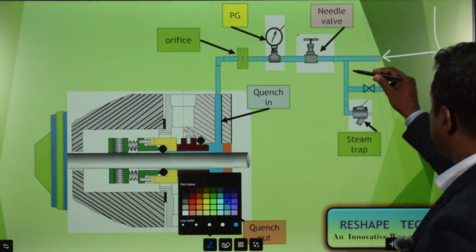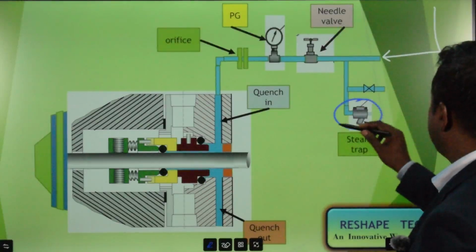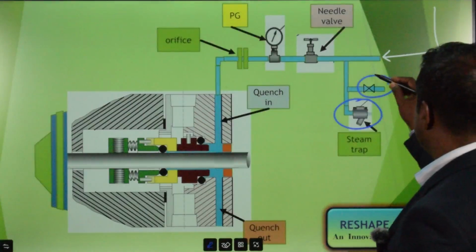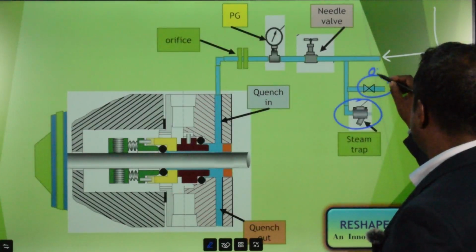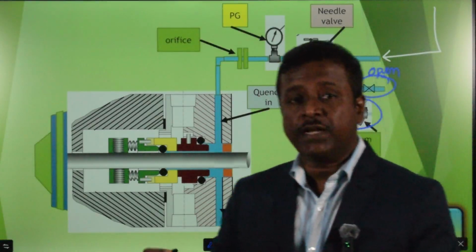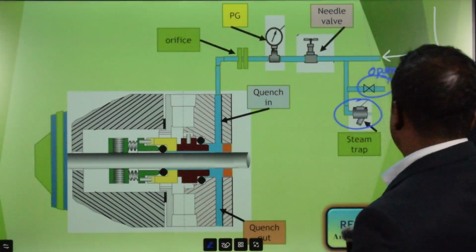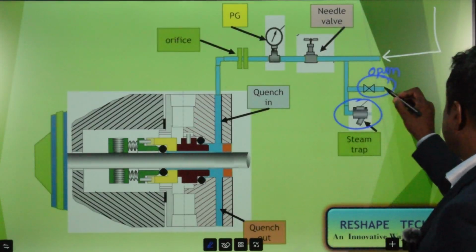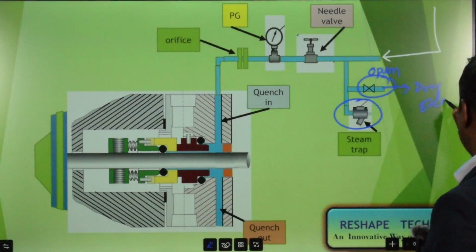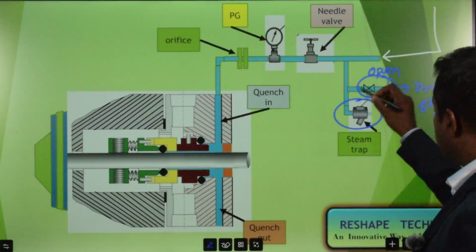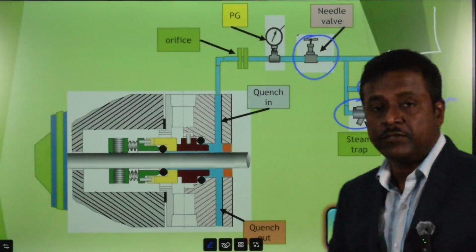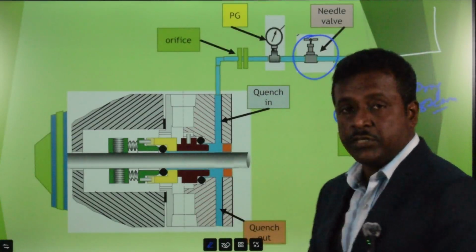After that we provide a steam trap and steam trap bypass. First of all, we have to open this bypass valve to drain out the condensate from that particular line. When you find there is perfectly dry steam, then you close this valve and open this needle valve. Why is a needle valve provided in API 62?